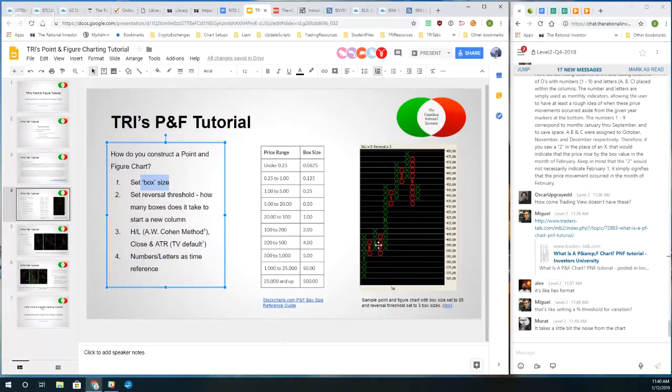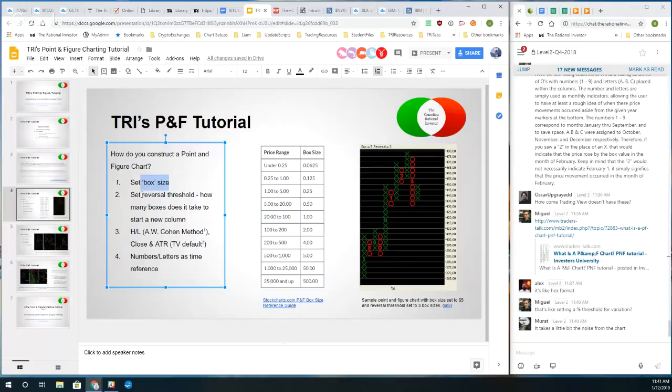So the first key here is, how are you going to draw one of these X's or O's? What is the criteria? The simple message is that each X and O represents a specific size in price movement, and you can only draw a new X or a new O if you have a move greater than that size. The second key to these charts is how do you determine that the market has stopped moving up and we print X's, and we actually have to start printing O's and start heading down?